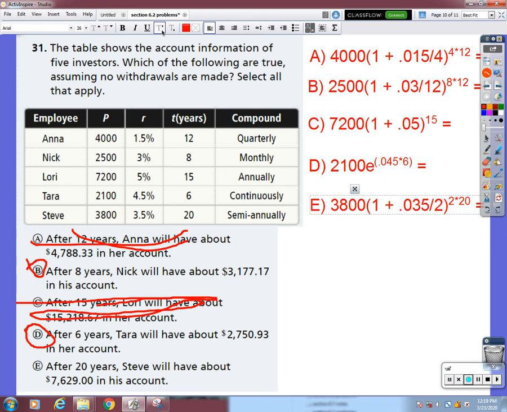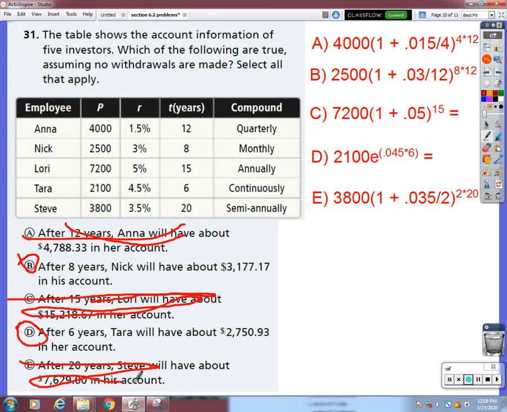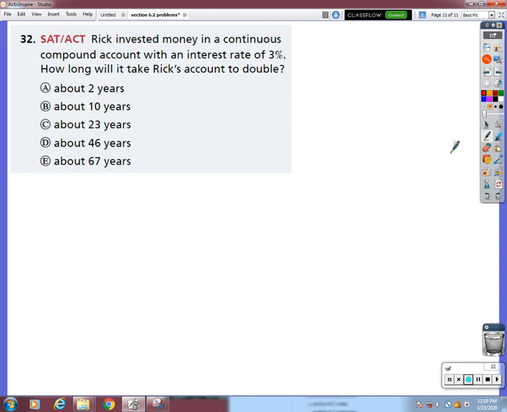Okay. 0.035 divided by 2 to the 40th. 7, 6, nope, didn't work out. That one's a loser also. So B and C.